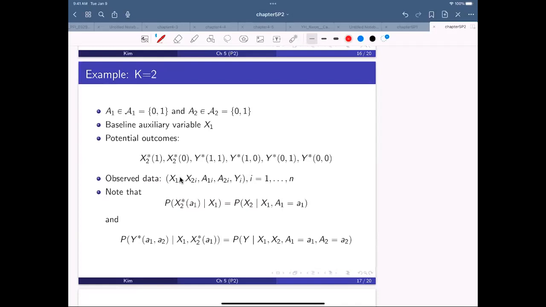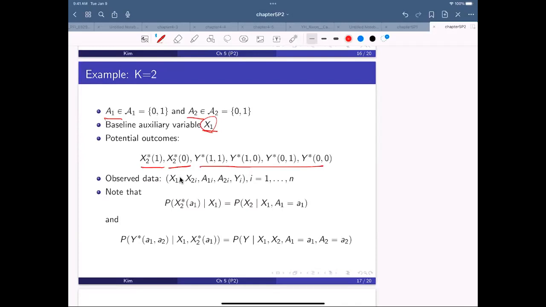So you have two decisions, right? You have two time points, with a baseline x1, and then how many random variables? We are actually thinking of two potential outcomes for x2, and then four potential outcomes for y star.